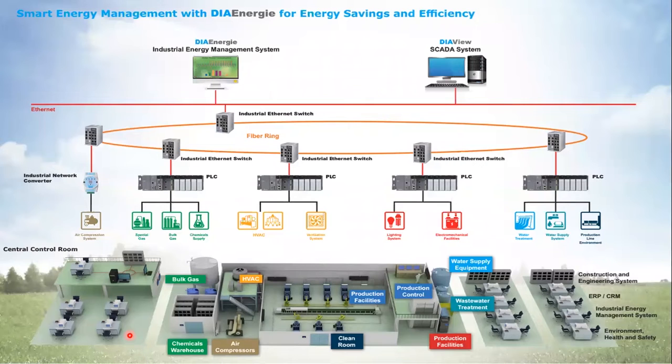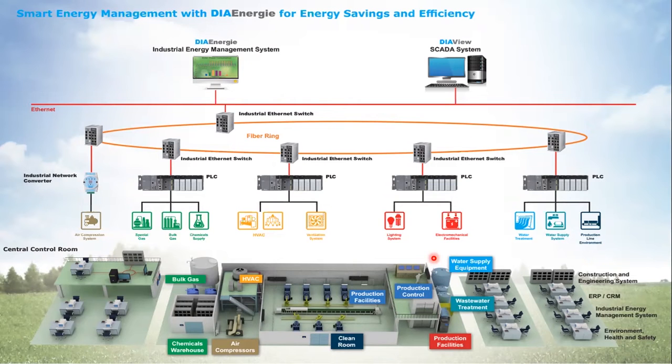There's a central control room, and some facility equipment like the HVAC, the air conditioning system, and also an air compressor and the production lines. They also have some water and wastewater treatment systems. So actually all this is energy consumption in the factory.